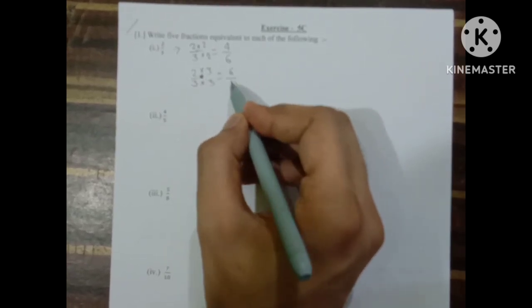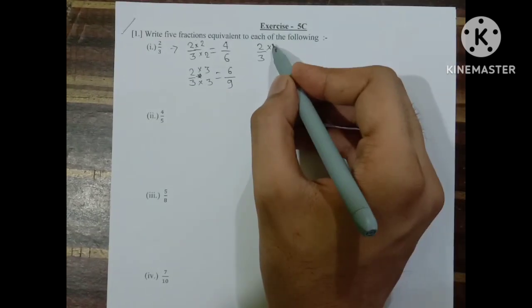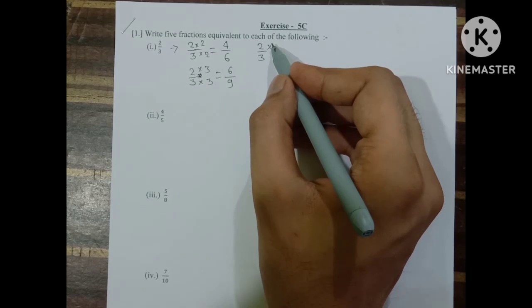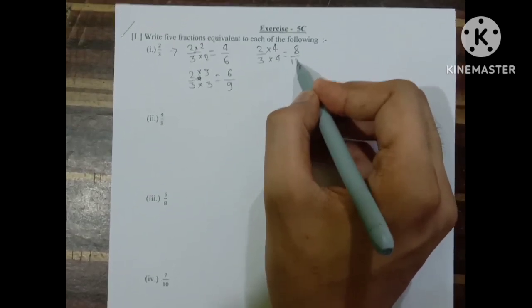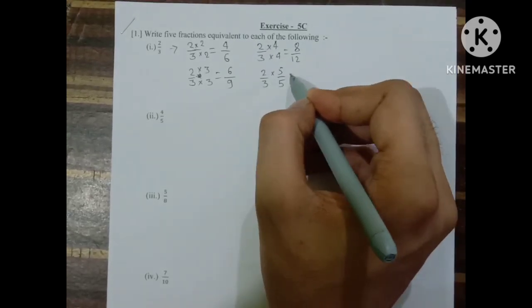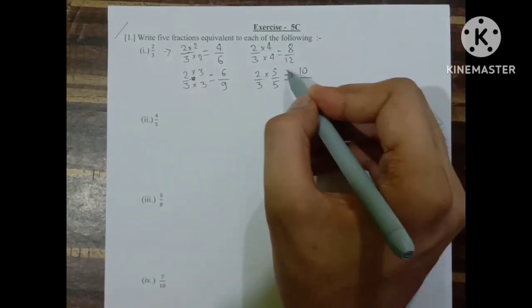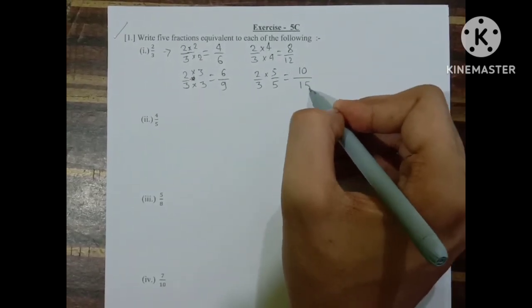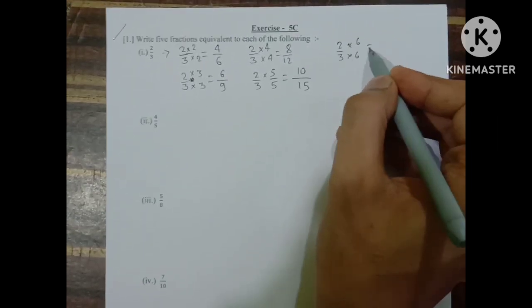We get 6 by 9. Again, multiplying by the next natural number, 4, we get 8 by 12. Again, by the next, 5, we get 10 by 15, and lastly 2 by 3 multiplied by 6, we get 12 by 18.